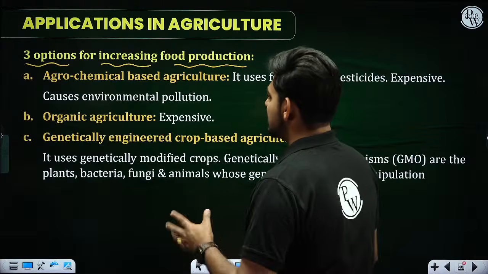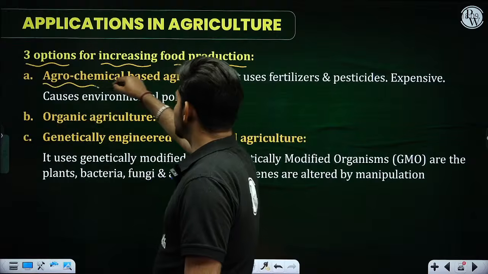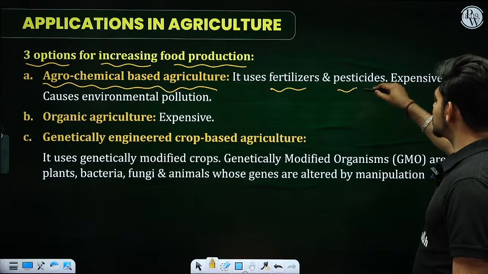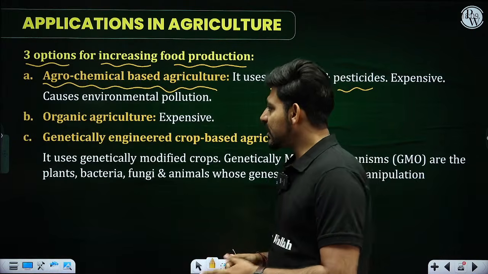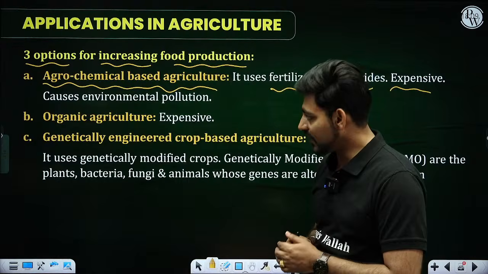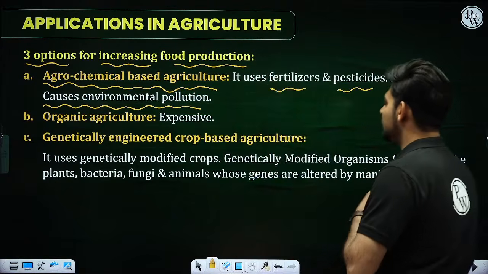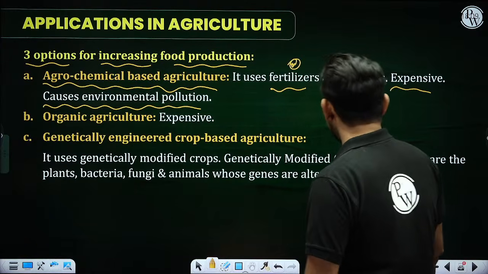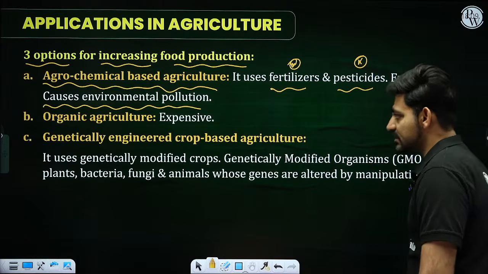Now, the areas where we need to explore biotechnology, first, that is agrochemical based agriculture. It uses fertilizers and pesticides, and for countries like India, it's quite expensive for normal farmers, and it will cause environmental pollution if you use fertilizers, because they are mostly inorganic in nature, and similarly pesticides are toxins.